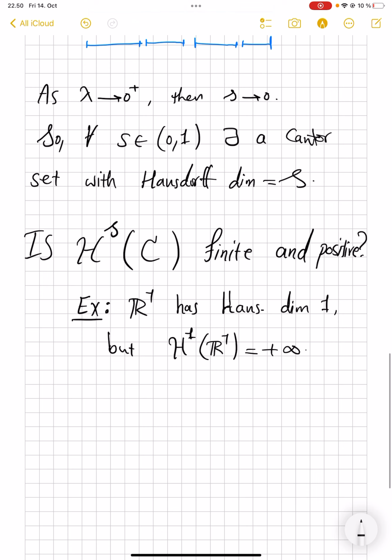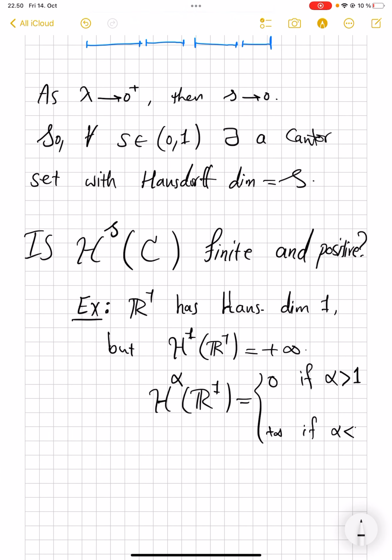So if you try some other value, H alpha of R1 will be 0 if alpha is strictly bigger than 1, because alpha is the wrong dimension. It will be plus infinity if alpha is strictly less than 1.